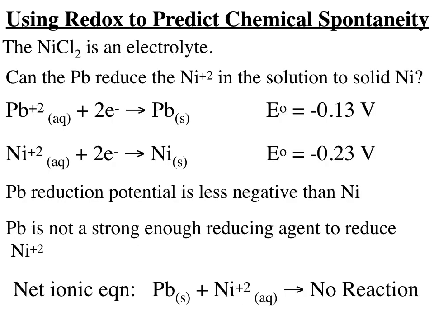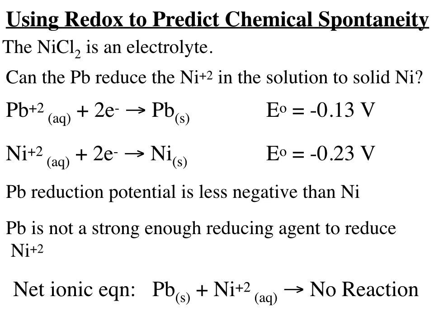So I turn to the reduction potential table. I dig up the reduction potential for lead and nickel. I find these two equations where the reduction potential for lead is negative 0.13 volts. The reduction potential for nickel is negative 0.23 volts.